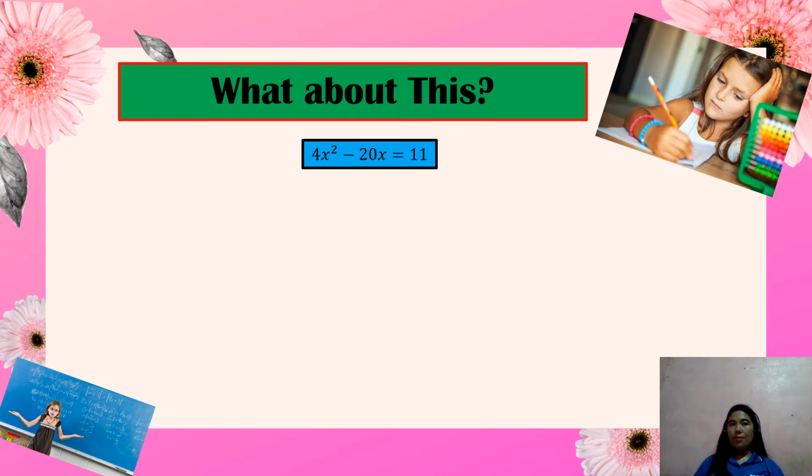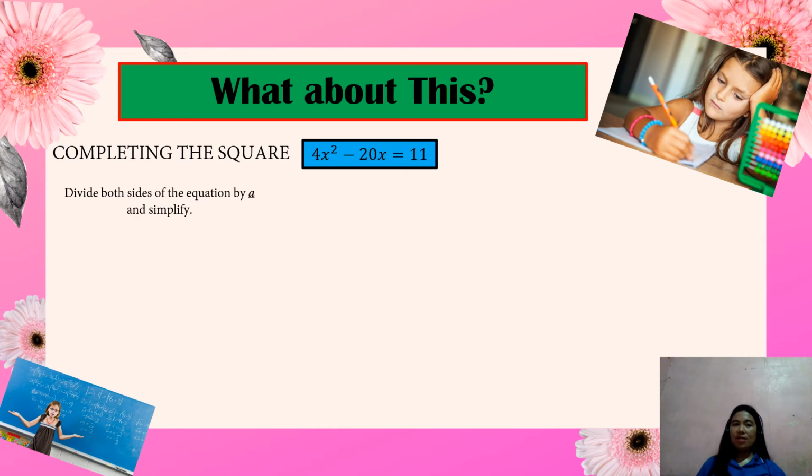Now, let's proceed with the process of completing the square in solving this. Since I have shown you how to use factoring and then completing the square, you will be the one to decide which one you want to choose. By completing the square, the first step is to divide both sides of the equation by a.